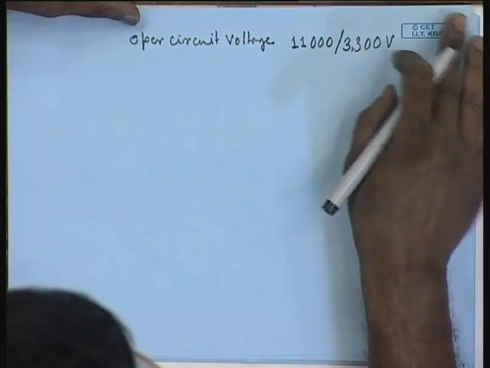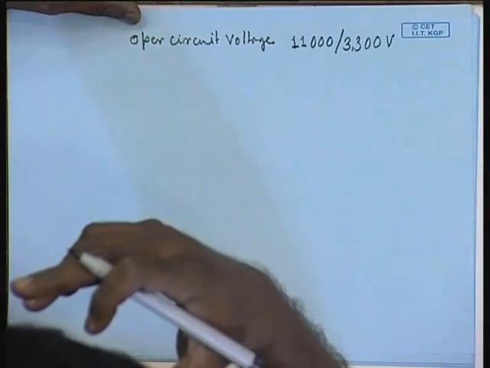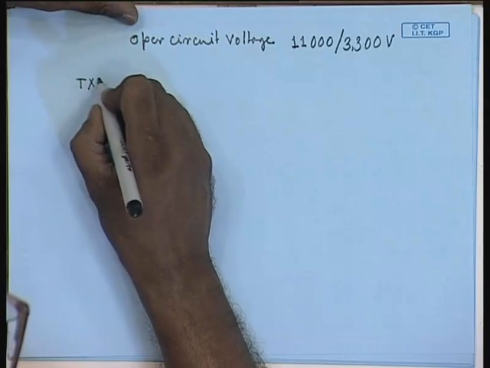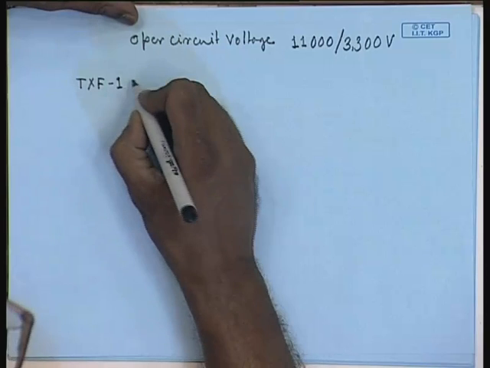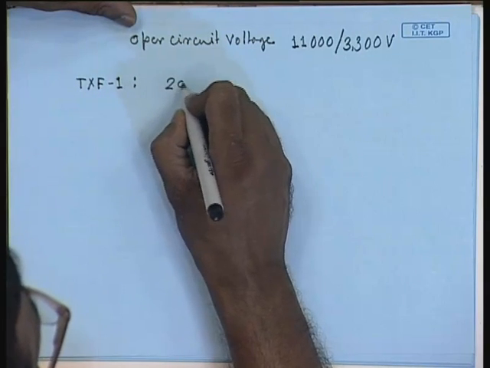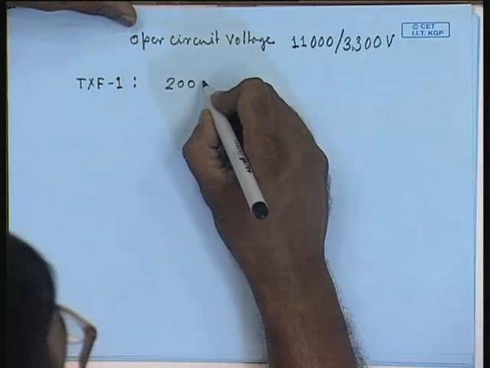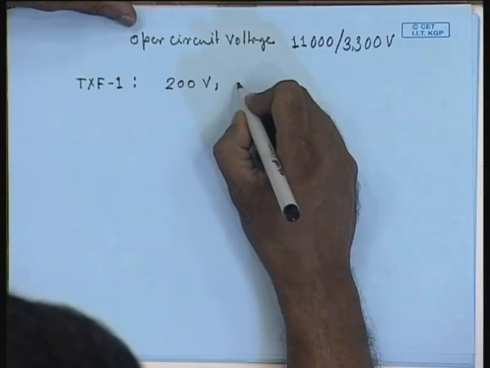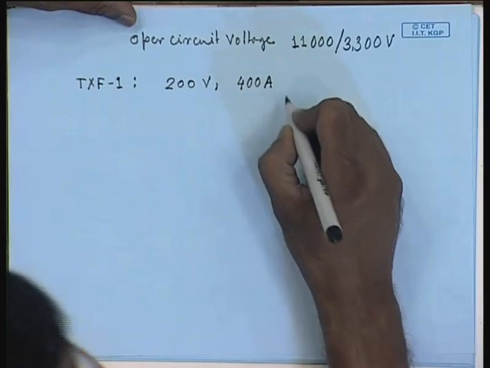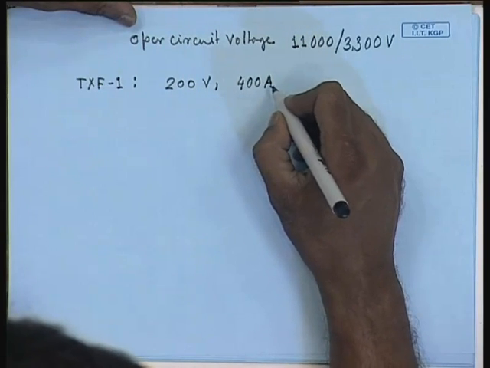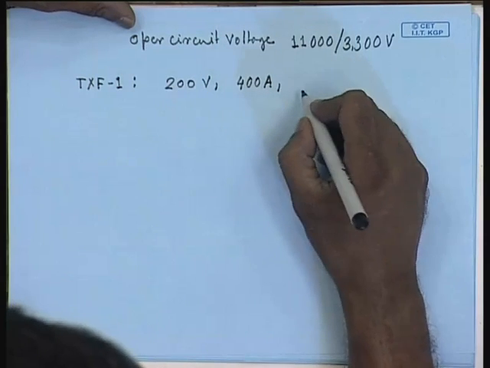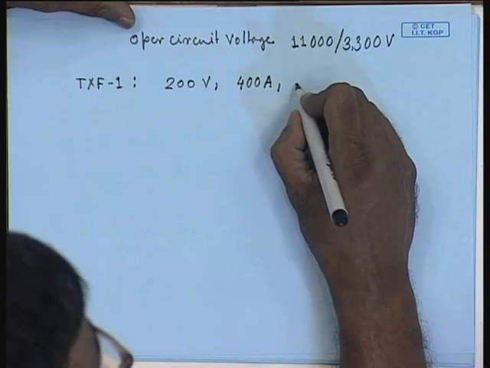Now, on short circuit test with the HV winding shorted, the first transformer one gave the following data. The applied voltage is 200 volts, the circulating current is 400 ampere, and the dissipated power is 15 kilowatt.